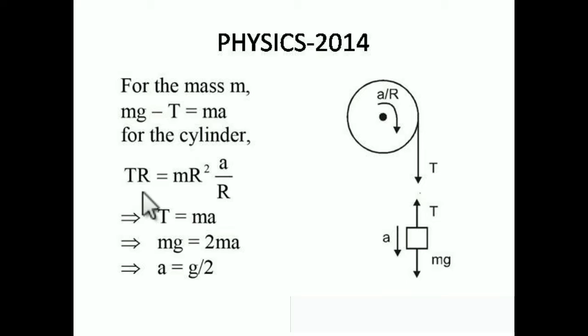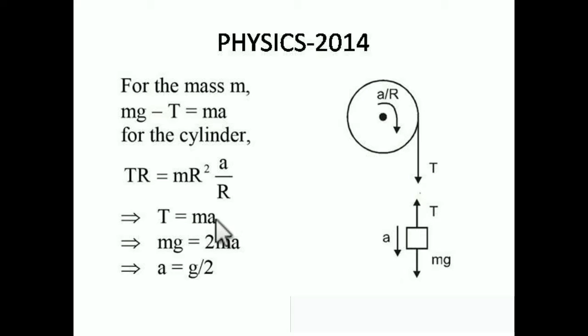What is I? I is the moment of inertia. For the cylinder, the moment of inertia is mR squared, and alpha, I already told you, is a by R. Now this R and this R get cancelled, so T is equal to m into a.